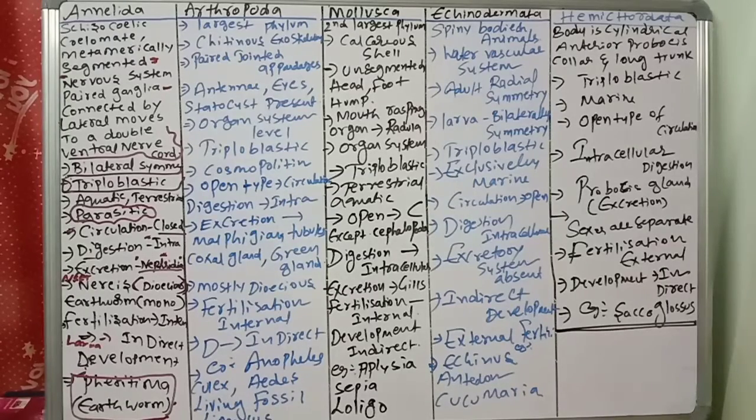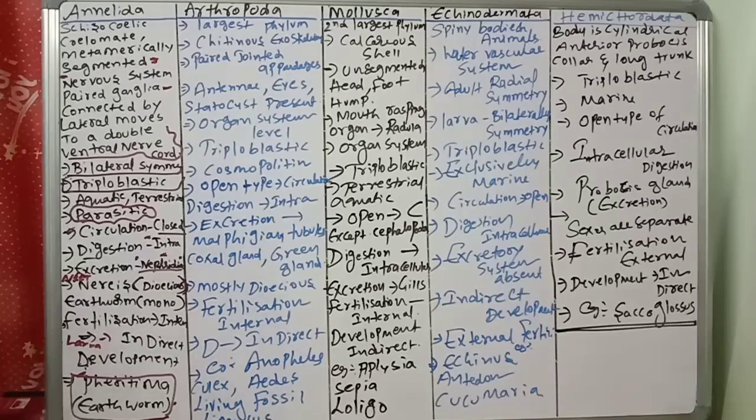So once again, annelids are coelomates, metamerically segmented. The nervous system consists of paired ganglia connected by lateral nerves to a double ventral nerve cord. Bilaterally symmetrical, triploblastic, aquatic, terrestrial, parasitic. Circulation is closed.